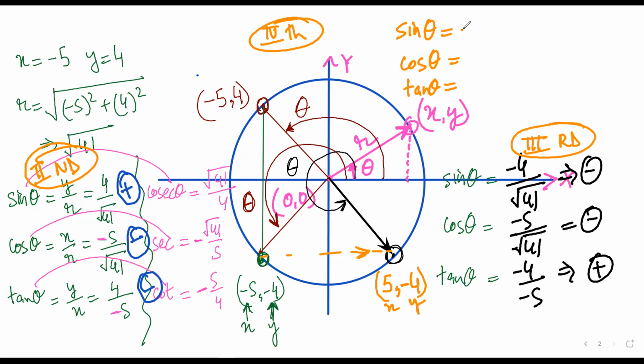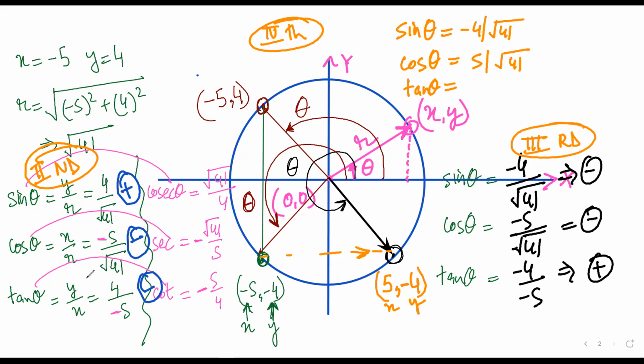So this would be minus 4 upon root 41. Cos is x upon r, so this would be 5 upon root 41.